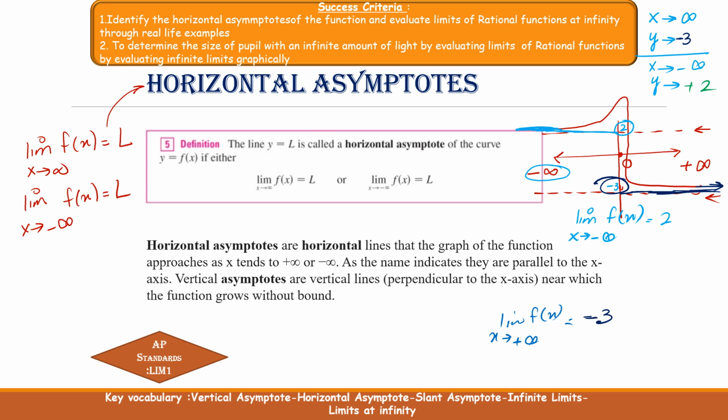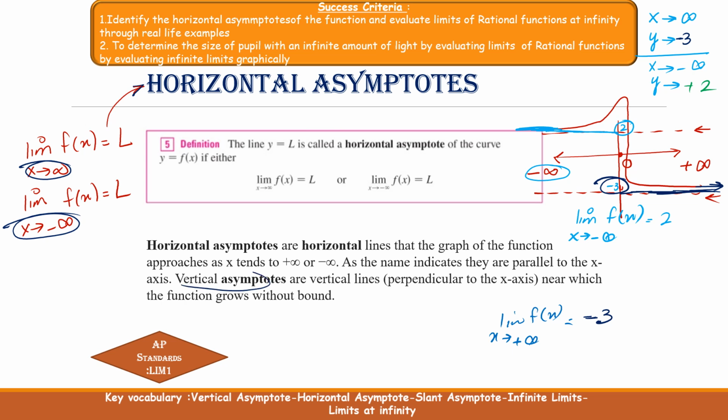The dotted lines are representing the horizontal asymptotes. The important thing is that when x is approaching positive or negative infinity, we are representing our horizontal asymptote.